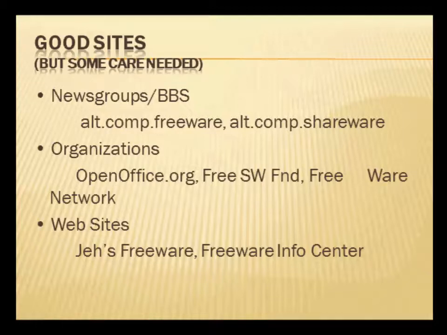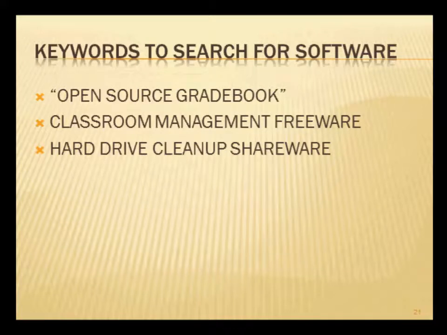These are also good sites to get some free software onto your computer. If you wanted to find a gradebook or a template or an add-on, you can search open source gradebook, classroom management freeware, or hard drive cleanup shareware. These are all keywords that you might use to locate software.